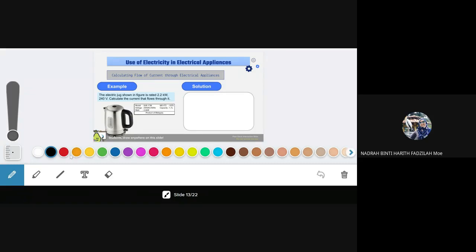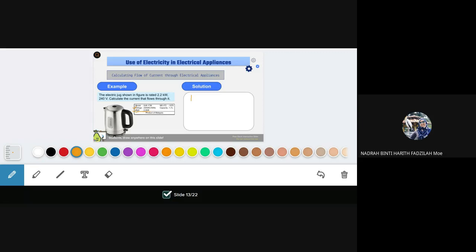So based on the label here, we can see that there are two pieces of information, the voltage and also the watt. Yang kita tak tahu ialah current.